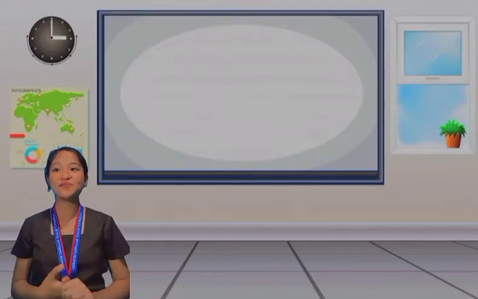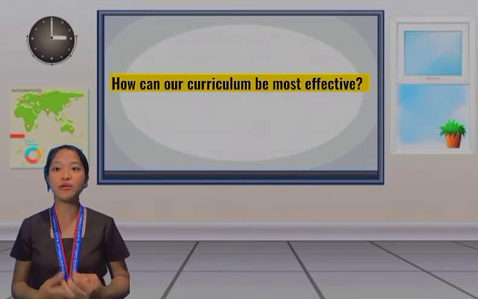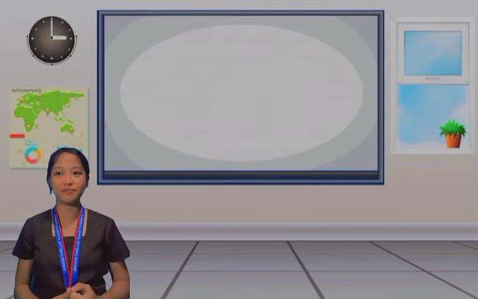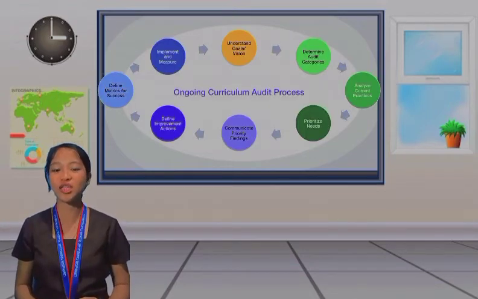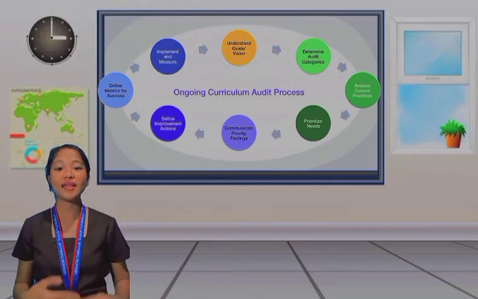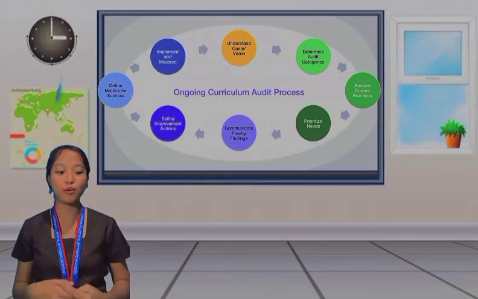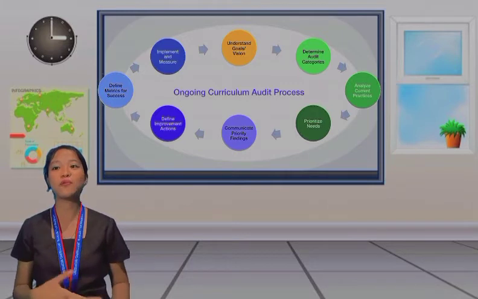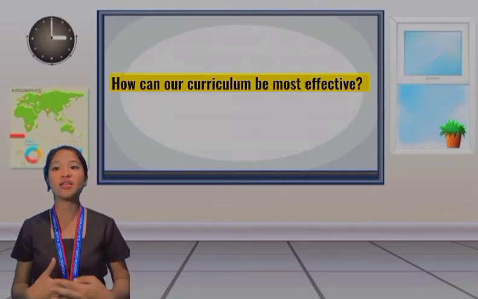Okay, let us be entertained with the question: how can our curriculum be most effective? So on the screen, you can see a diagram, and that diagram shows the ongoing curriculum audit process. So let us go back to the question, how can our curriculum be most effective?